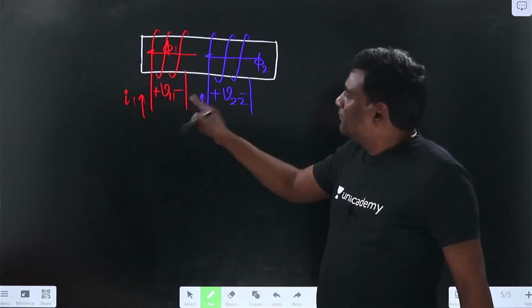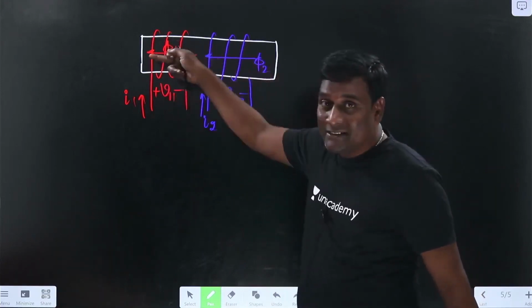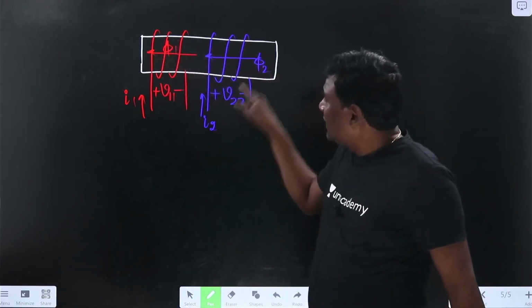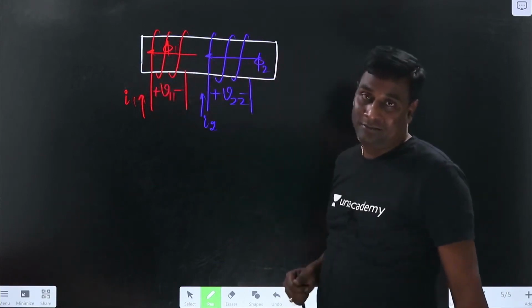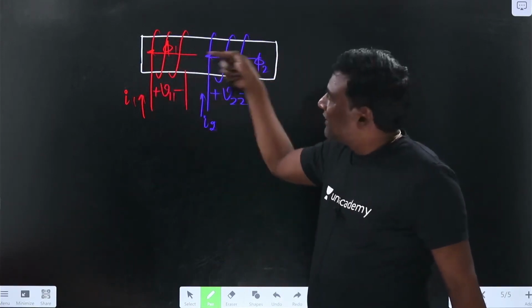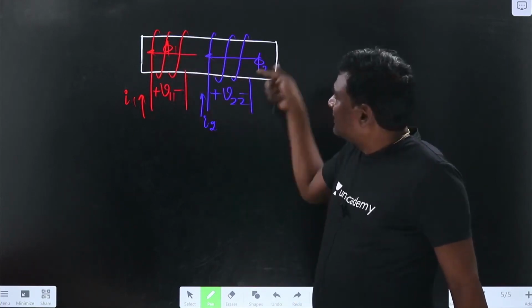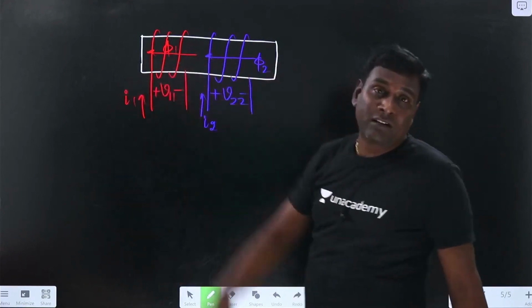Now combined, if you see, whenever this coil flux is in this direction, this coil flux is also in the same direction. When this particular current I1 is existing, flux is in this direction, phi 1. When phi 2 is existing, under that condition phi 2 is aiding phi 1 or not? Yes.